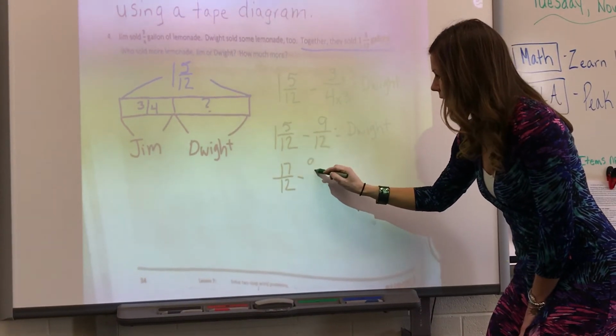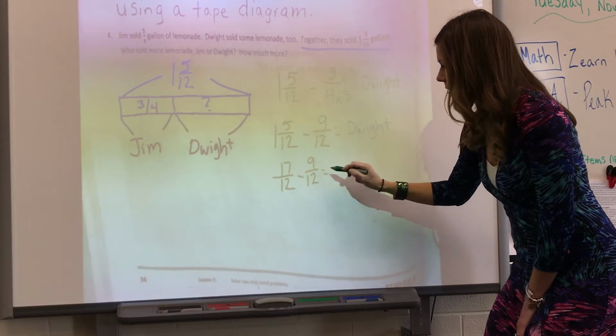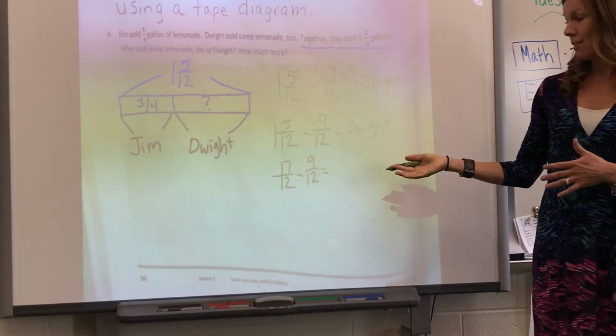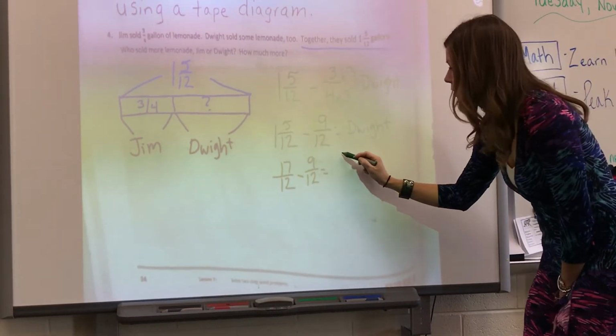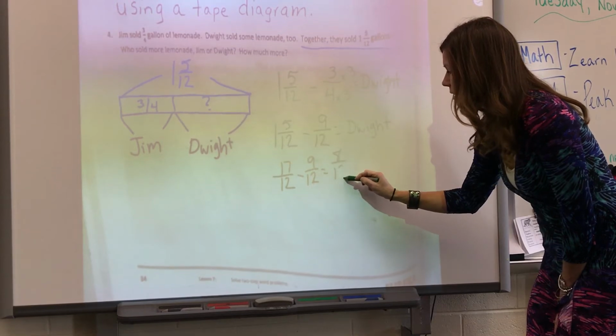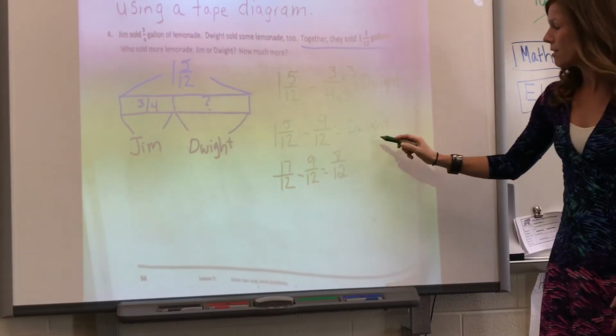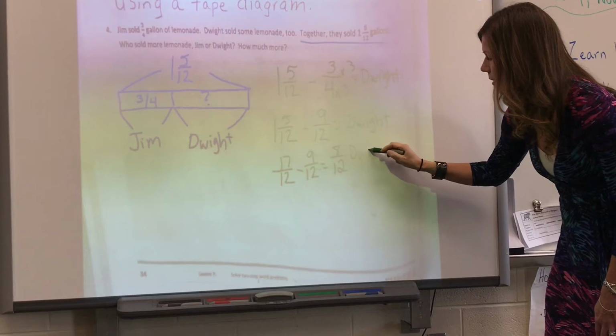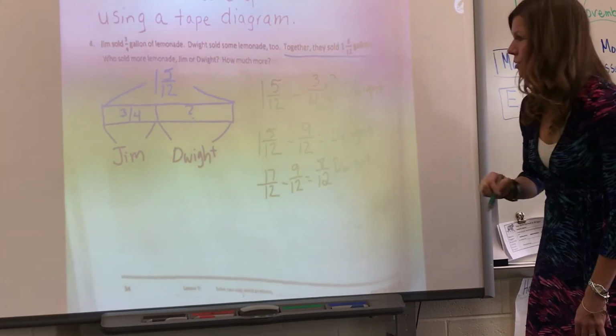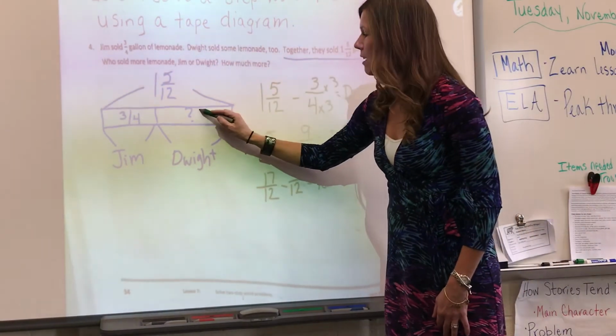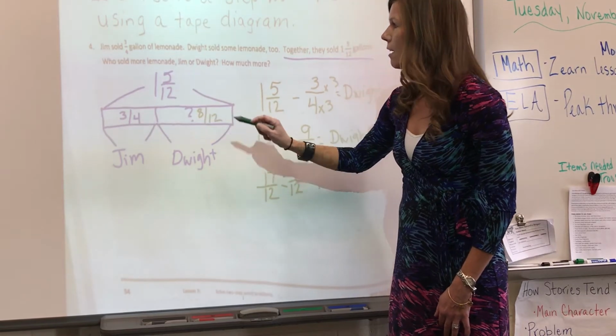And then I will take away 9/12. Now I can subtract. 17/12 minus 9/12 is equal to 8/12. 8/12 is how much Dwight sold. So I can fill in 8/12 right here.